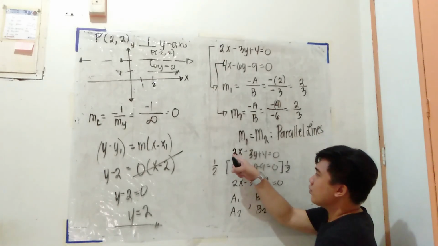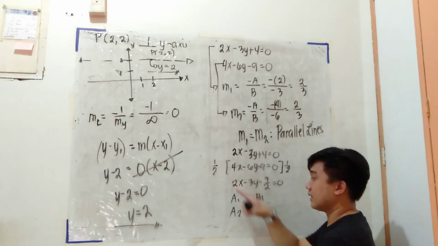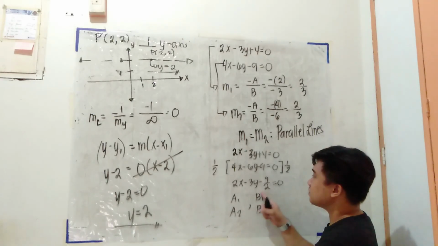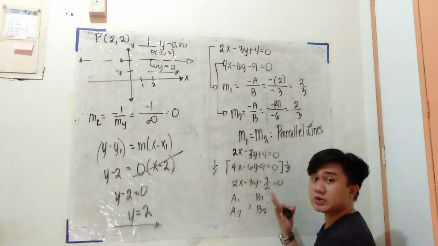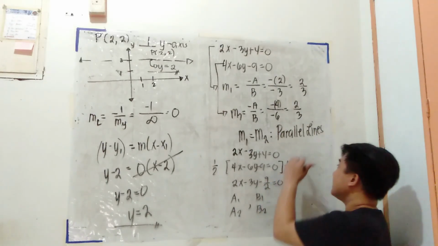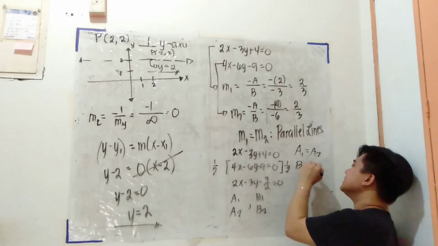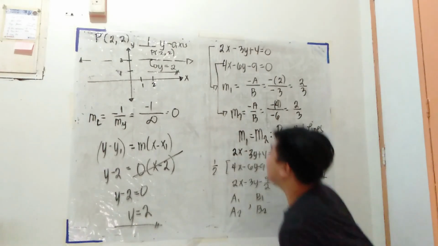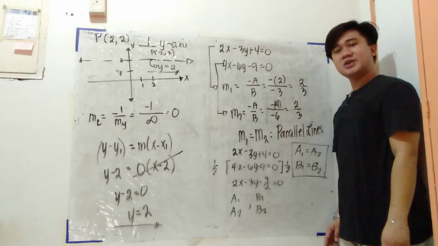A1, which is 2, and A2, which is also 2, are equal. With regards to the coefficients of B, negative 3 and negative 3 are also equal. So we can say that our lines are parallel if A1 is equal to A2 and B1 is equal to B2. This is another characteristic of parallel lines. As of now, please copy.